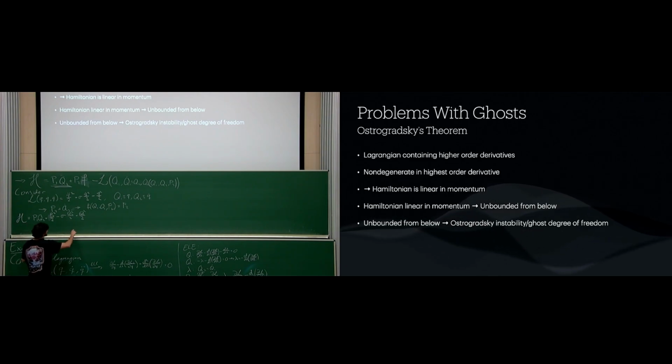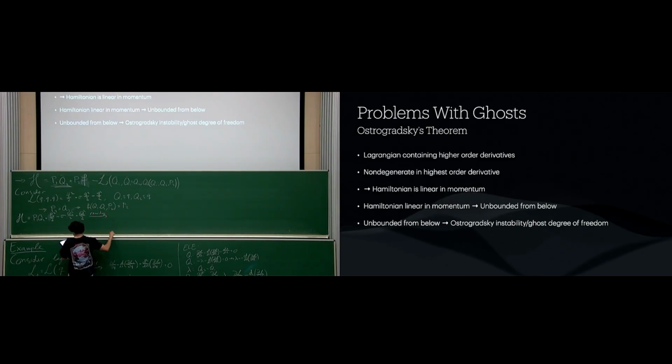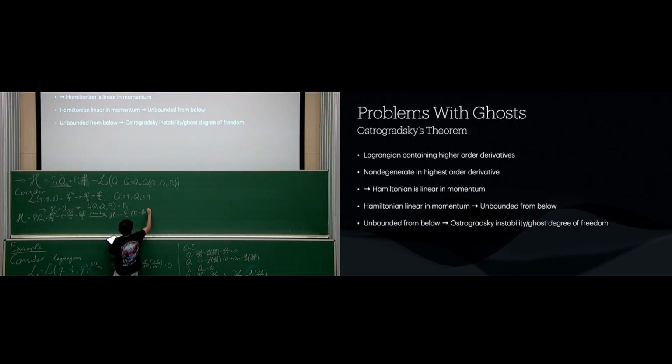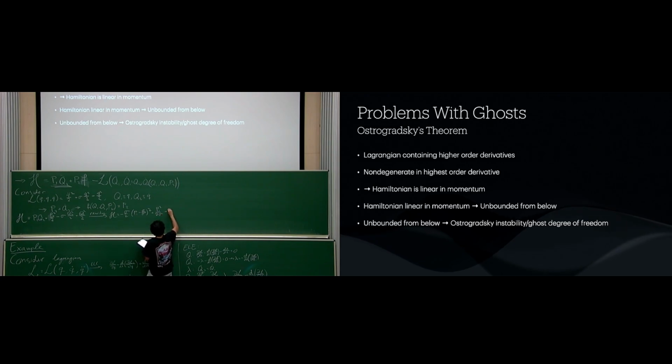Rewriting, we get that this is equal to minus sigma over 2 times the quantity P1 over sigma minus Q2, squared, plus P1 squared over 2 sigma plus P2 squared over 2 plus Q1 squared over 2.